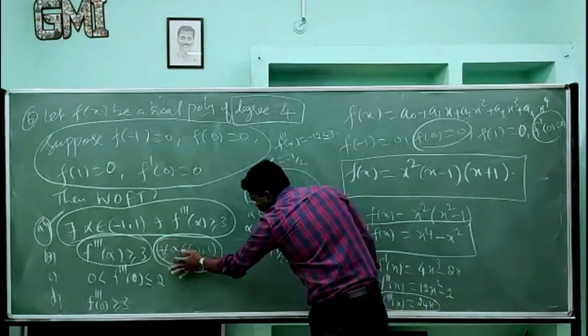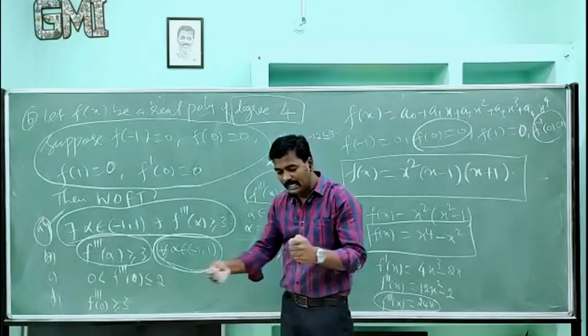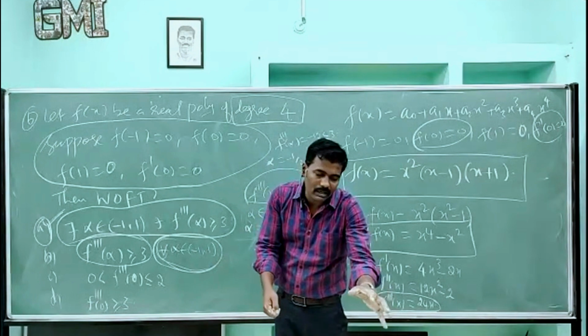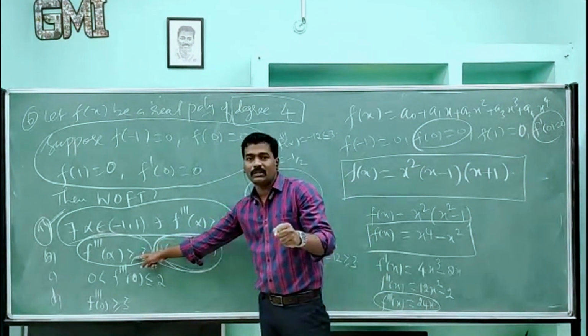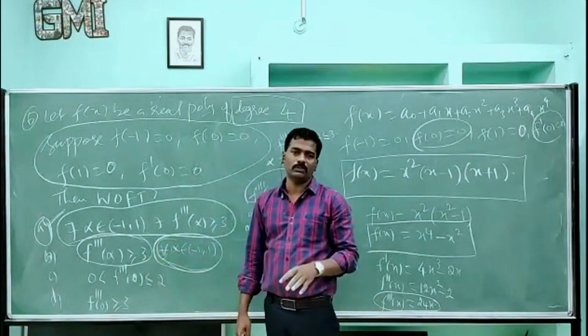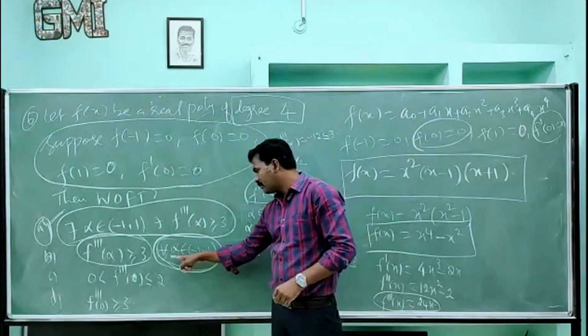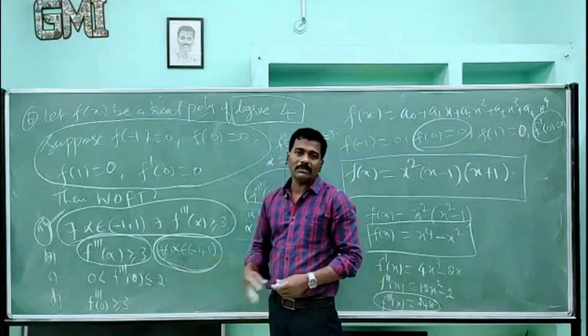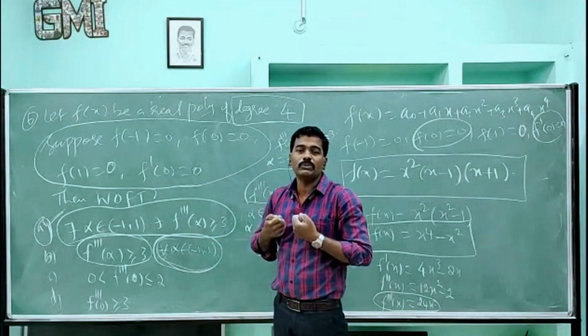I have some alpha. B being true means you have to take any alpha in -1 to +1 and substitute, and it is always greater than or equal to 3. Then this option is true. False means you have to find some alpha. So option B, I felt it will be false. False means I am able to choose an alpha where it is not working.